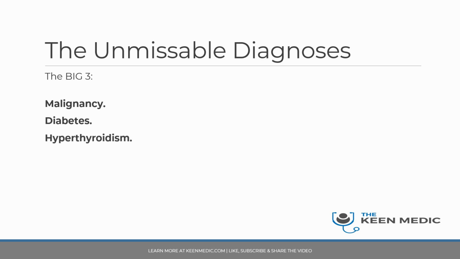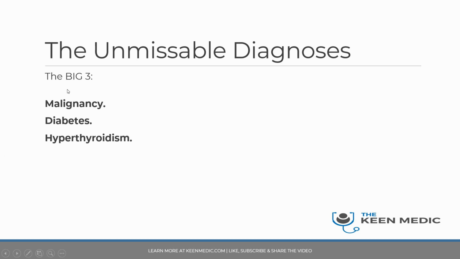Just three things for you to remember that you cannot miss. If you miss them, you are going to be in big trouble because you're most likely going to fail. And in real life, it can cause a lot of issues for your patient and ultimately you as a clinician. So these three things you need to always look out for when you are with a patient who has come in with weight loss.